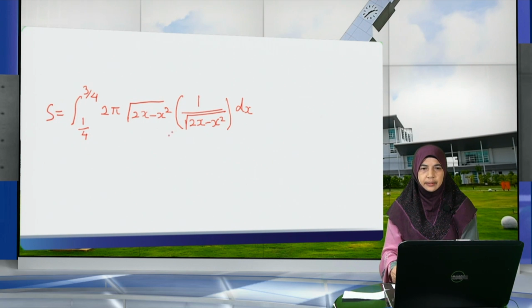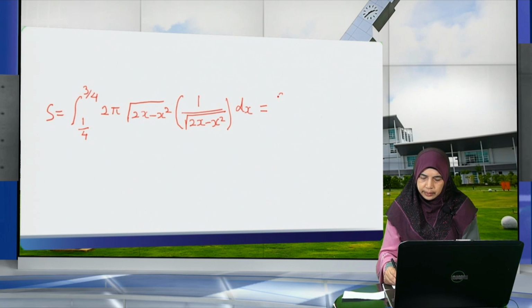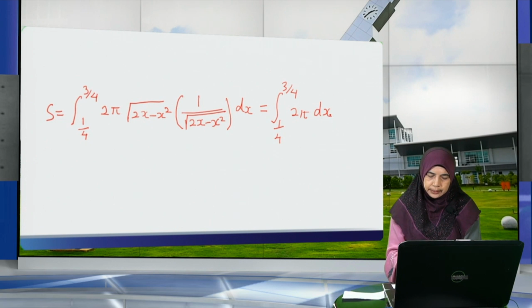Notice that here, this can cancel with that one, okay? This one and this one is equivalent. So we end up getting the integration from 1 over 4 to 3 over 4 2 pi. And we integrate this with respect to x.